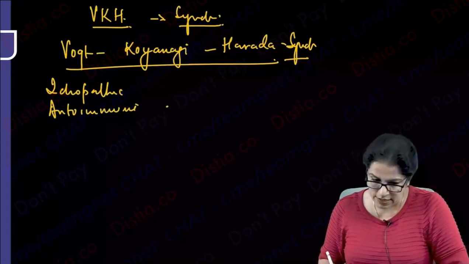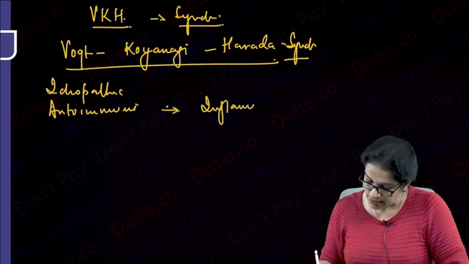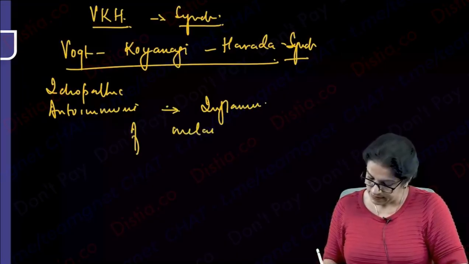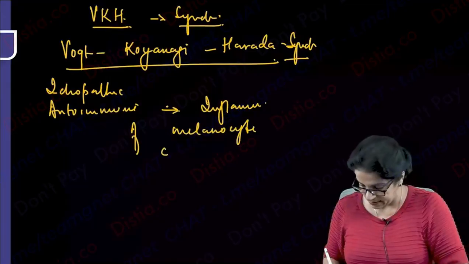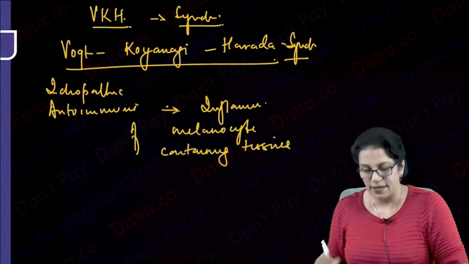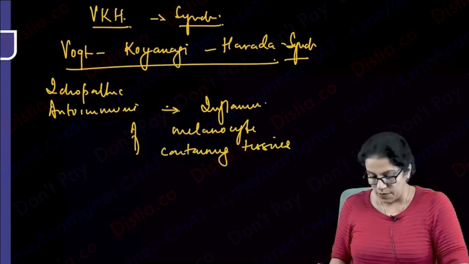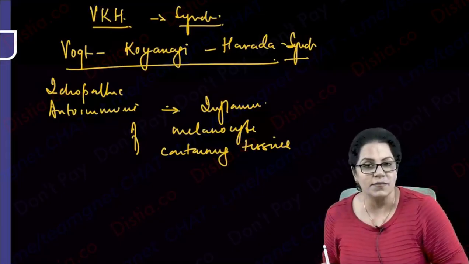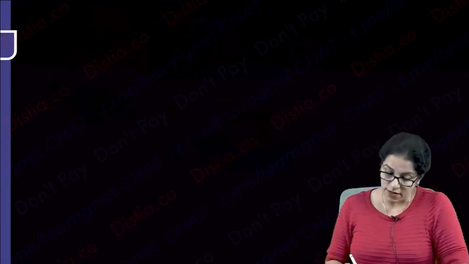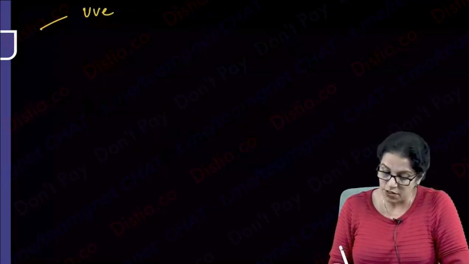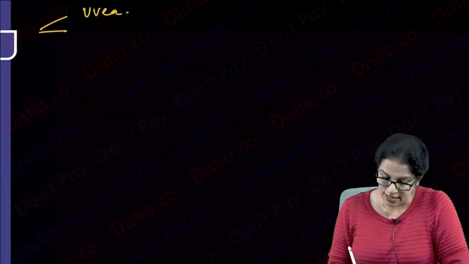So it is an idiopathic autoimmune inflammation of melanocyte containing tissues. Primarily it will involve the eye mainly. We are talking about the uvea. Uveal tissue is the melanocyte containing tissue in the eye. Then it involves the ear and it involves the meninges.